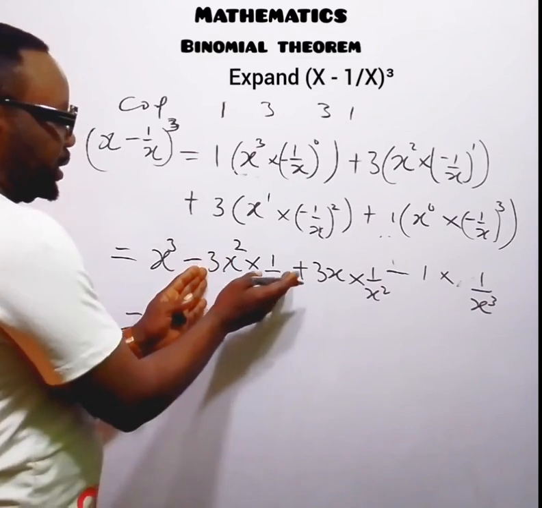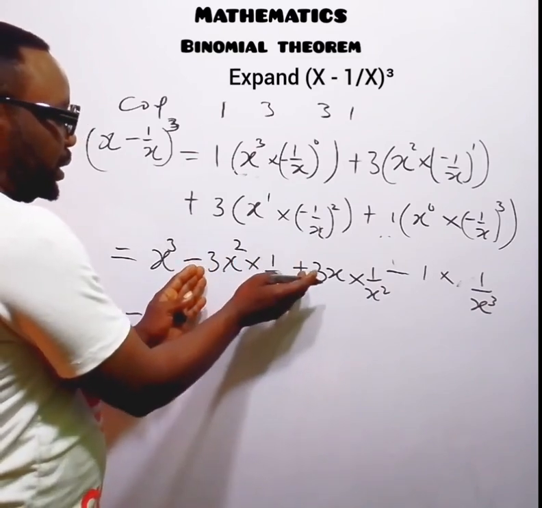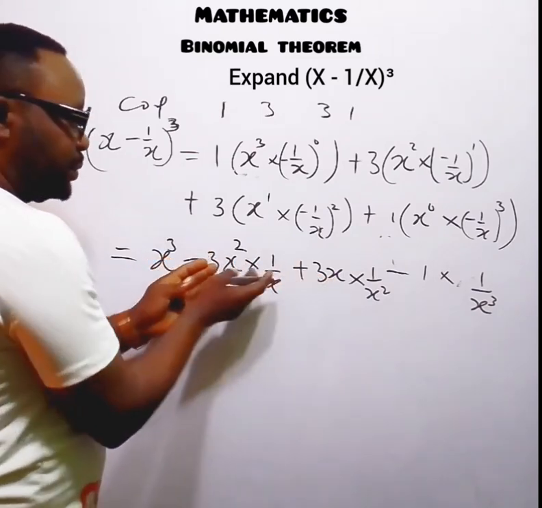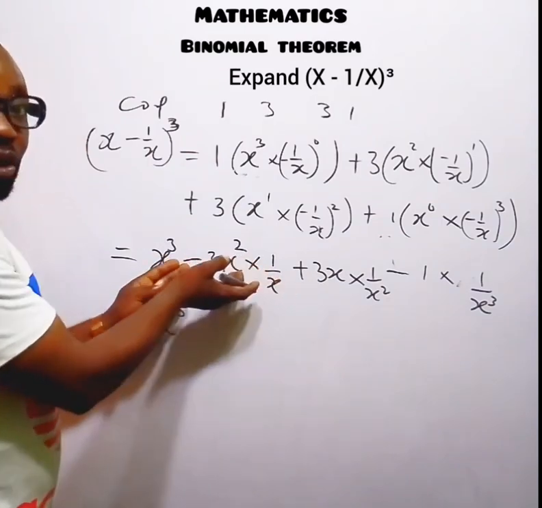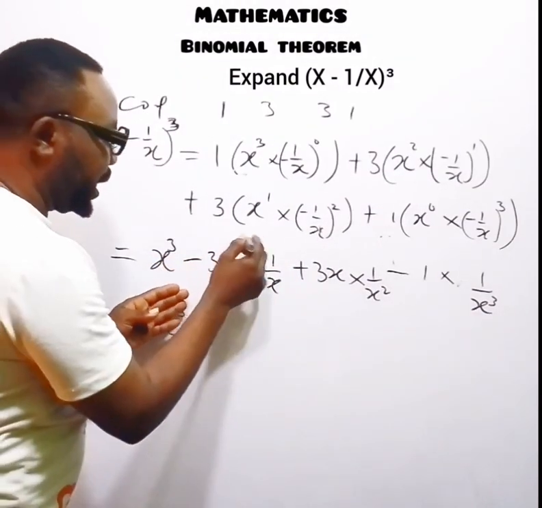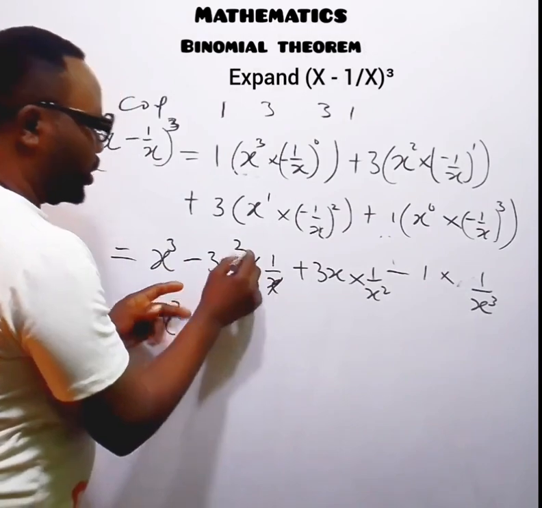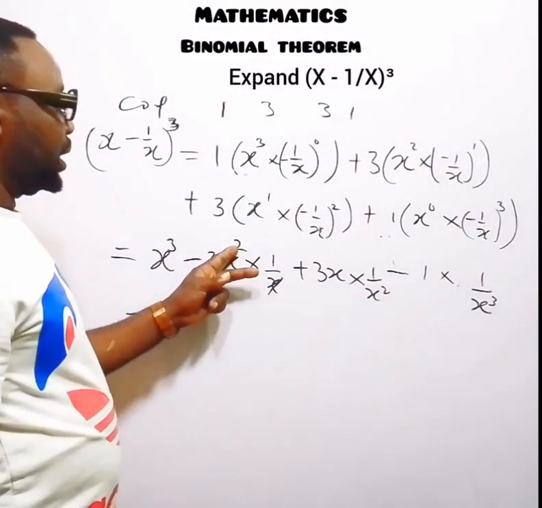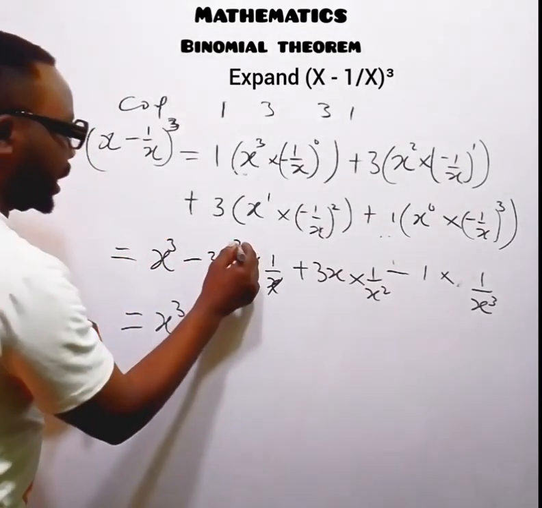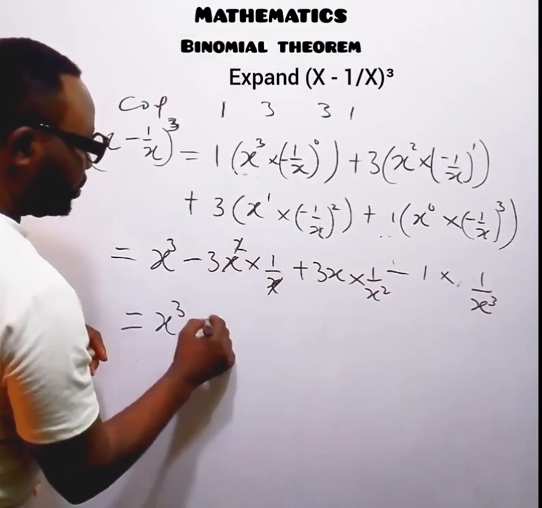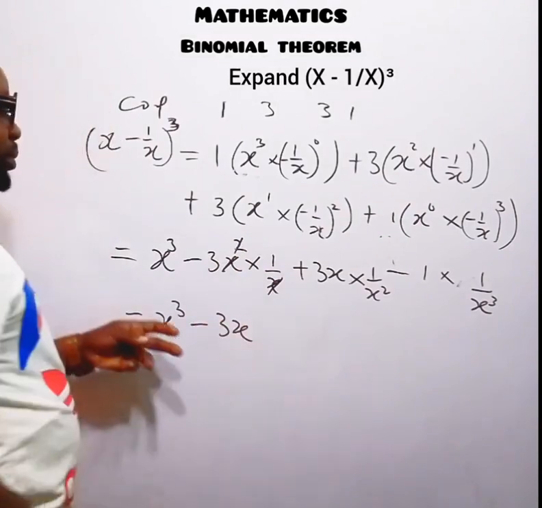Then you can see that this is a negative value, this is positive, and there is multiplication in between them. We can resolve them first here. One of the x at the numerator here will go, leaving x to remain only 1 here. Minus 3x.